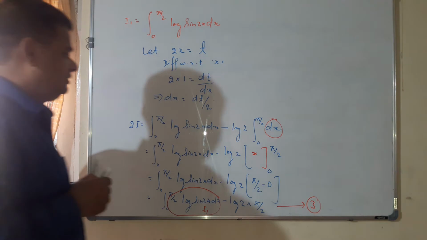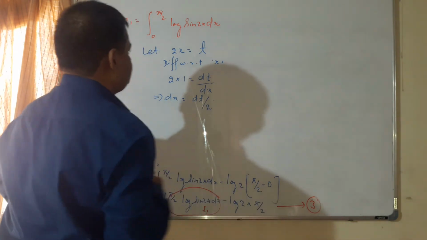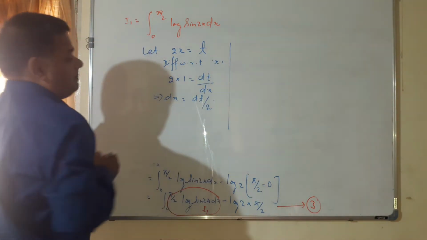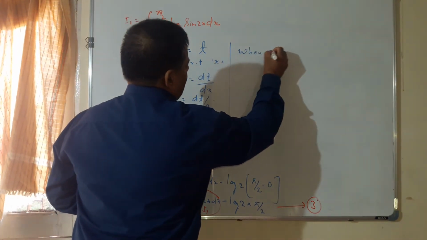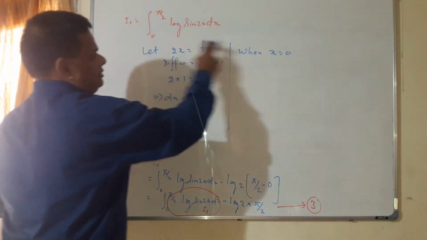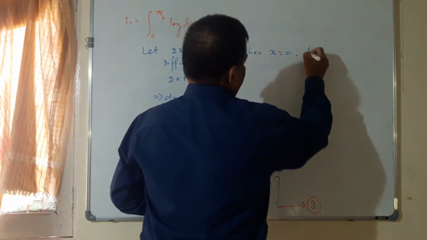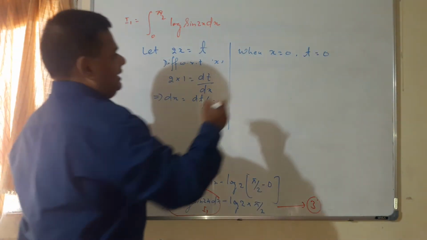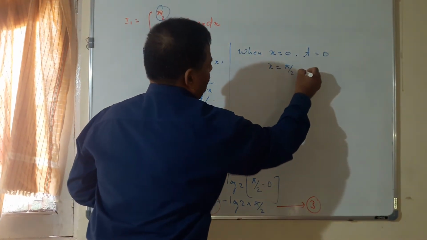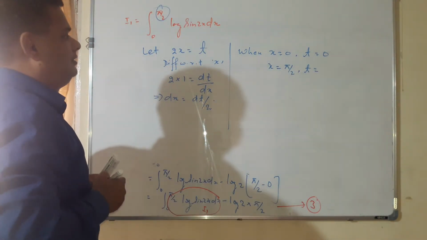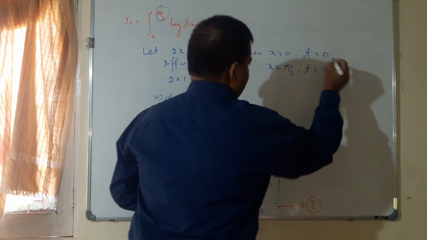Now when x is equal to 0, the lower limit, put t equal to 0. When x is equal to pi by 2, t is equal to pi.